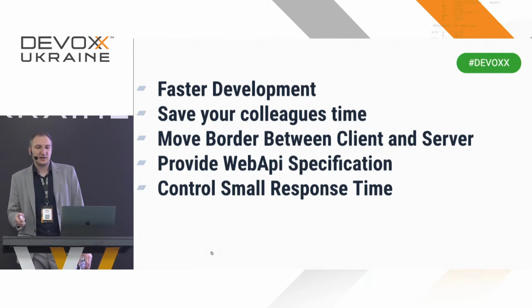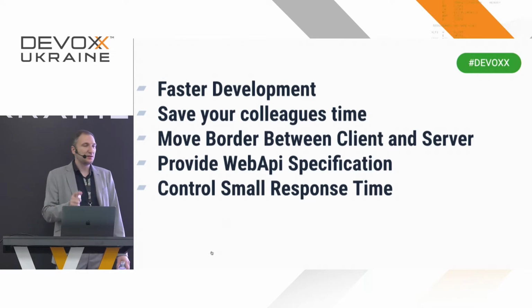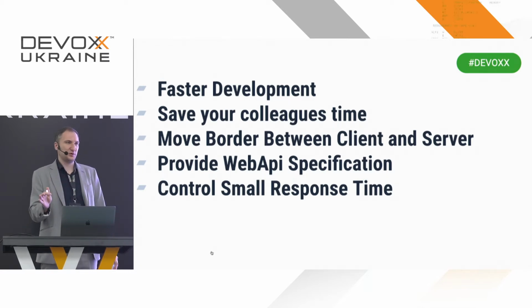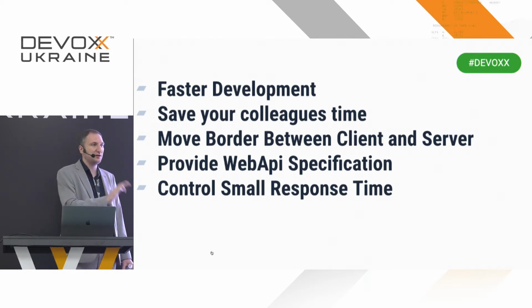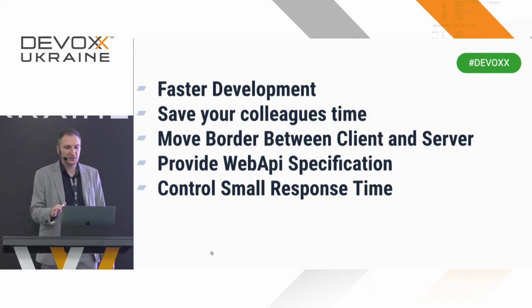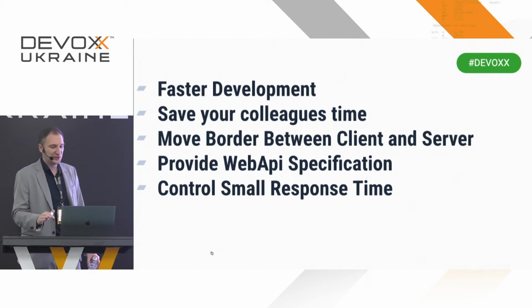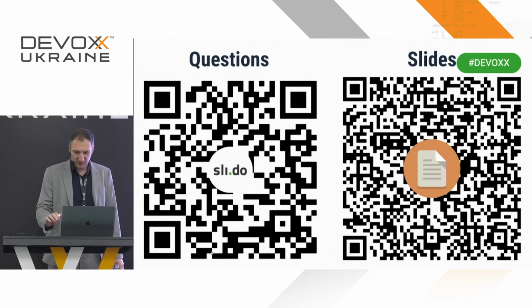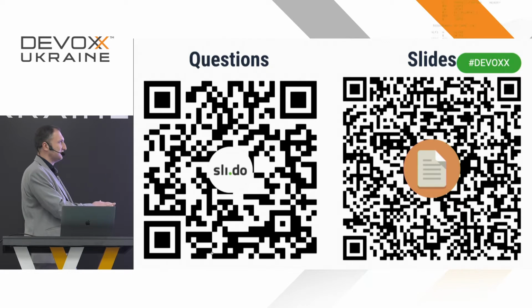Save your colleagues' time. Move border between client and server. Remove this border. You should be able to understand what's going on in JavaScript code, and they should be able to read your specification. Provide the specification. Control small response time. And right now, it's time for questions.